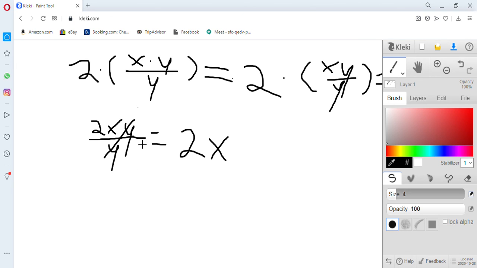You're crossing out one element in the denominator and one element in the numerator, so there's no fraction anymore, and all that's left is 2x. So the answer is going to be 2x.